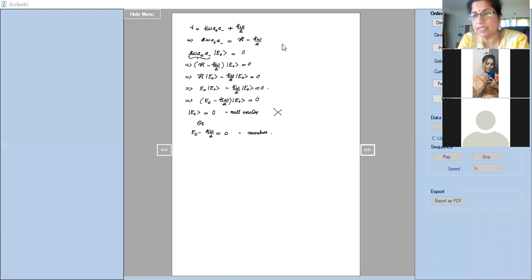If we say it's a null vector, we say there is no minimum state. That's nonsense, it makes no physical sense. So we cannot take the first option. We have to take the second option, which implies that your E naught is equal to h cross omega by 2. This is an extremely interesting result.